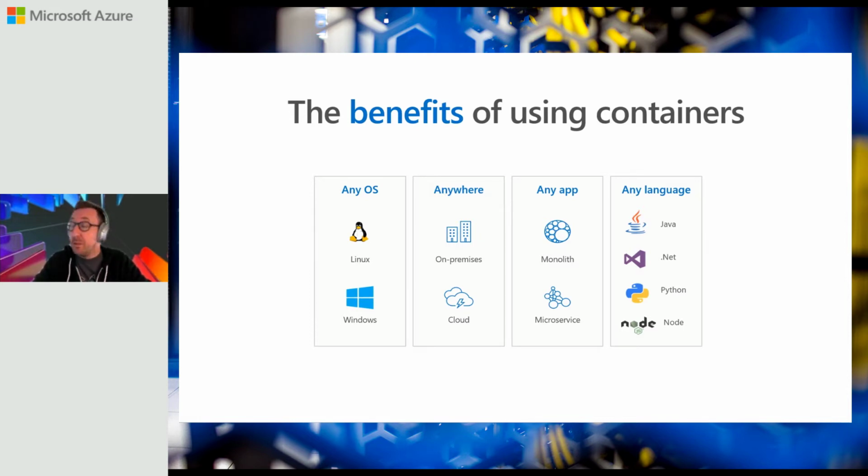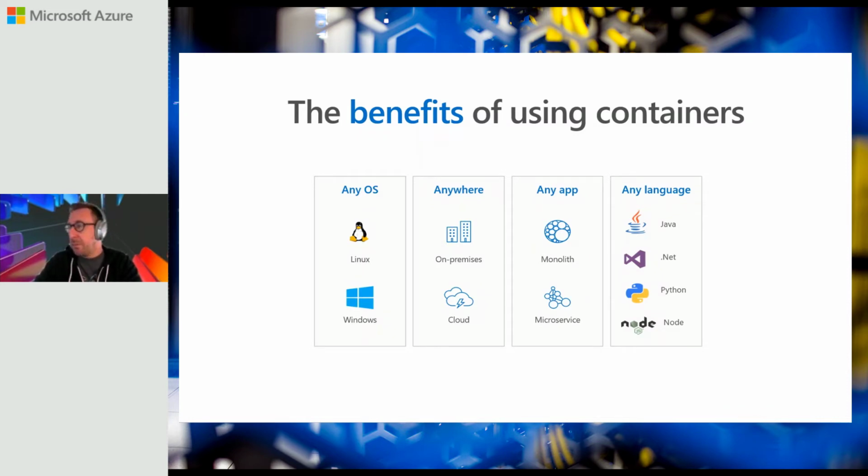Maybe with some tweaks and some fixes, but we have full support in containers for Java, .NET, of course, with .NET Core. Python is a very nice way of running containers, specifically if we talk about machine learning capabilities and deep neural networking.